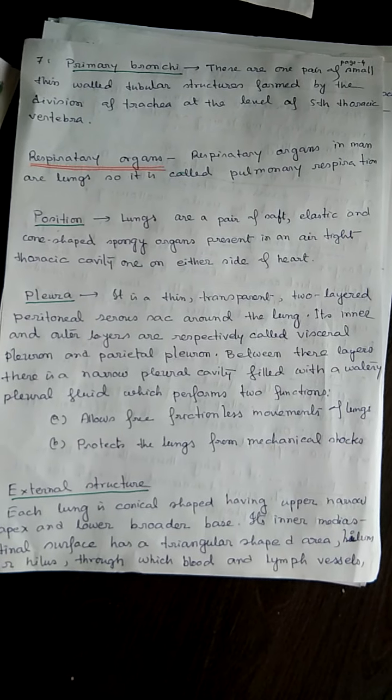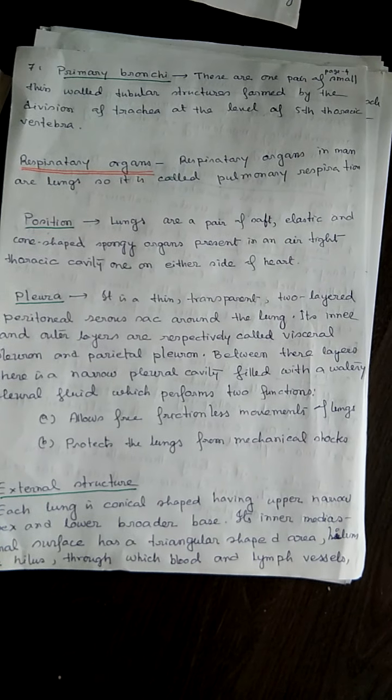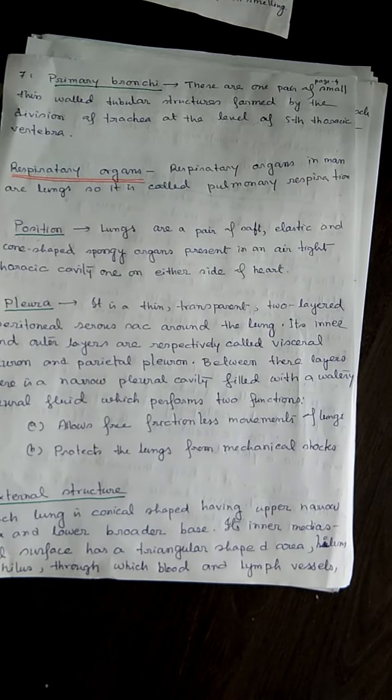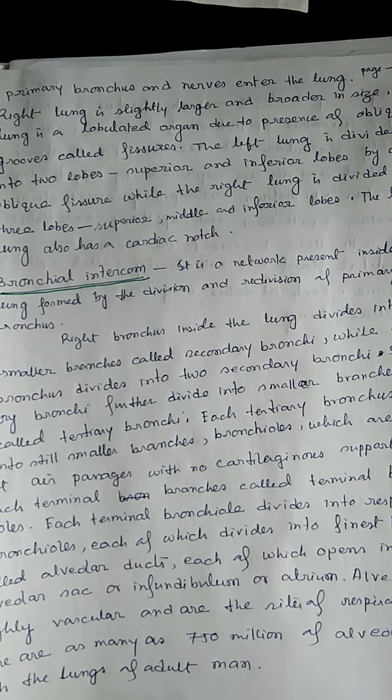Now the external structure. Each lung is of conical shape having an upper narrow apex and a lower broad base. Its inner mediastinal surface has a triangular area, the hilum or hilus, through which blood and lymph vessels, the primary bronchus, and the nerves enter the lungs.